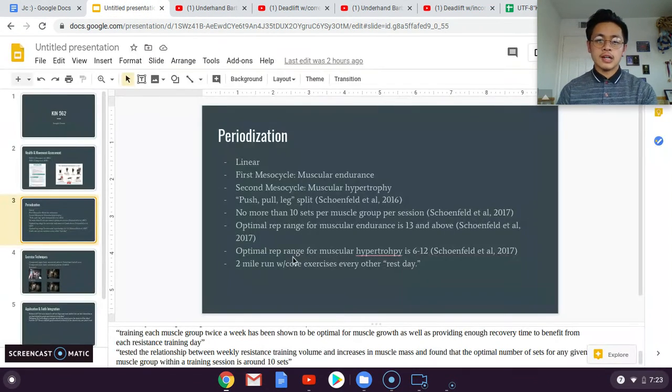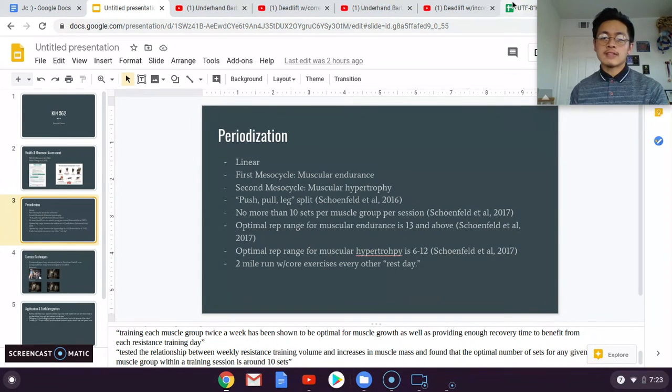And then in regards to repetition, another study conducted by Schoenfeld once again and colleagues found that the optimal rep range for muscular endurance is 13 and above, and the optimal rep range for muscular hypertrophy is between 6 and 12. And then I later found out that this was more geared towards power movement and strength movement.